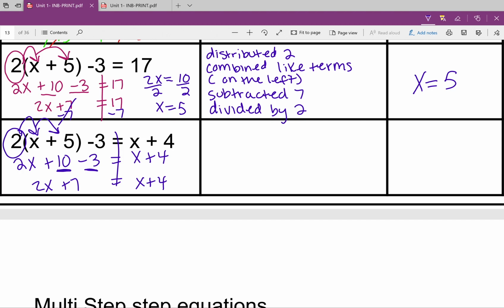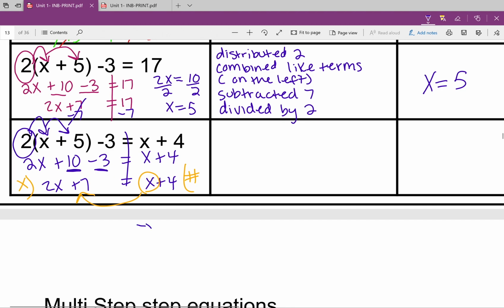So let me change my color. I'm going to assume that the x's are going to go to this side and the numbers are going to go to this side. So I need to move this x over here. Since it's positive, I'm going to subtract it. So minus x. 2x minus 1x is x, plus 7 equals 4.